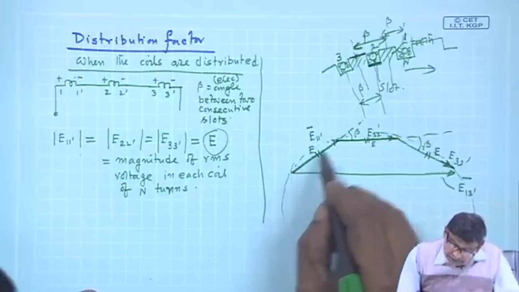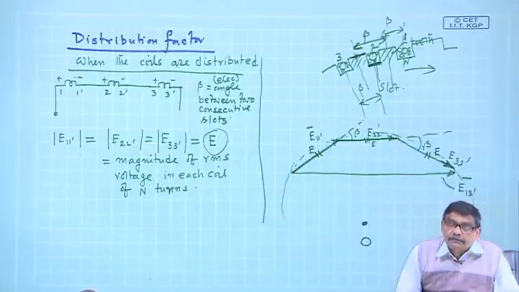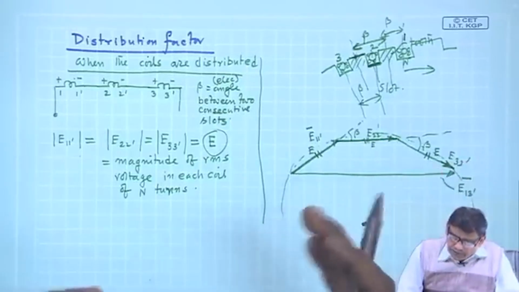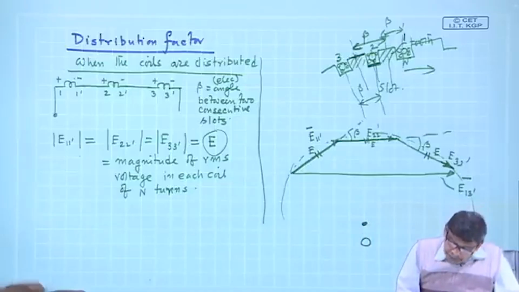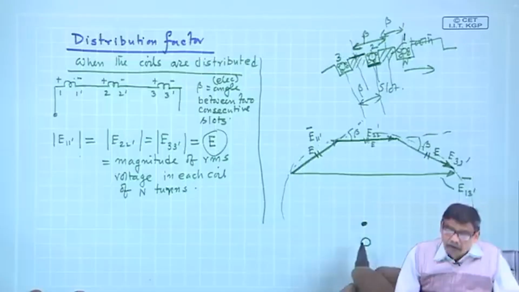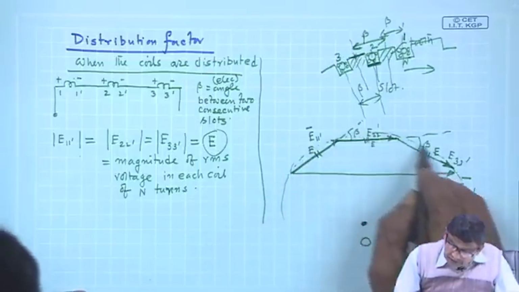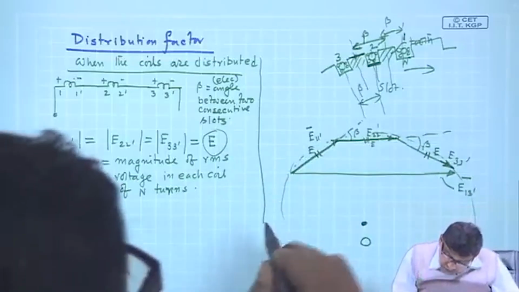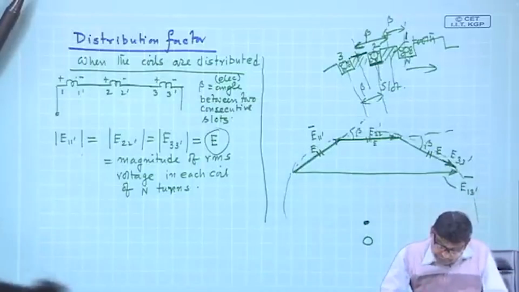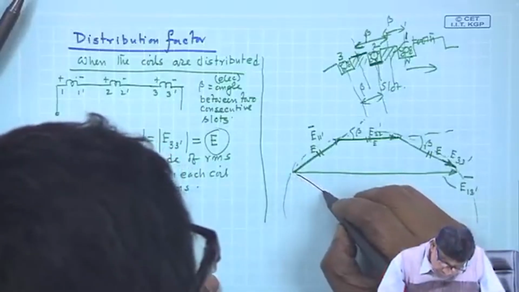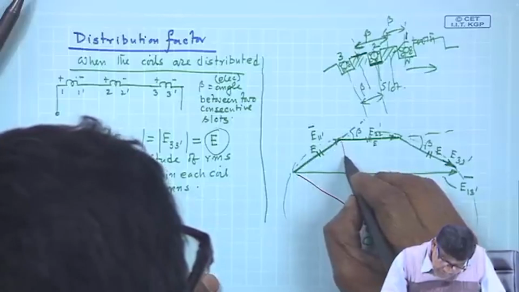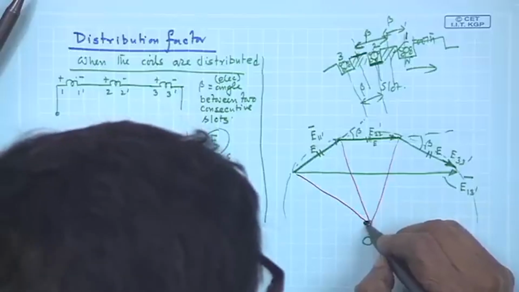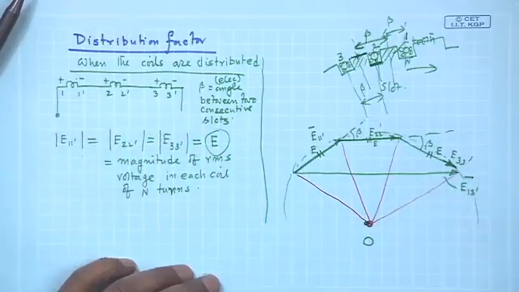Now, what I am telling, this will be part of a regular hexagon if you go on adding further distributed coils, but suppose somebody has stopped it at 3. Then suppose this is the center of that circumscribing circle, which will be at the corners here. Now, you join these points to the center of this circumscribing circle.